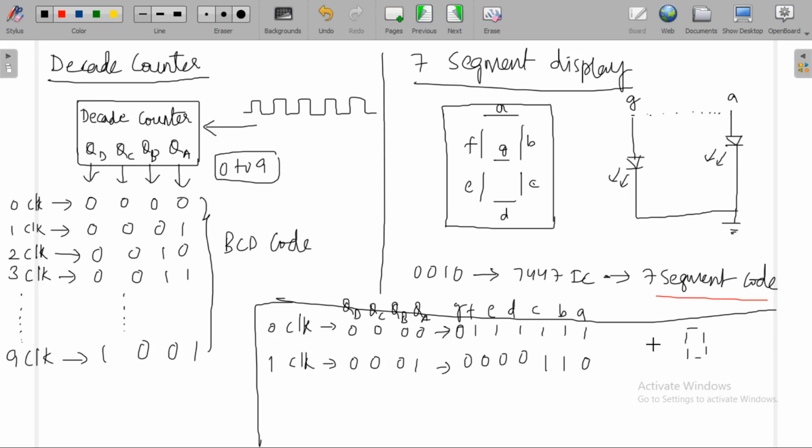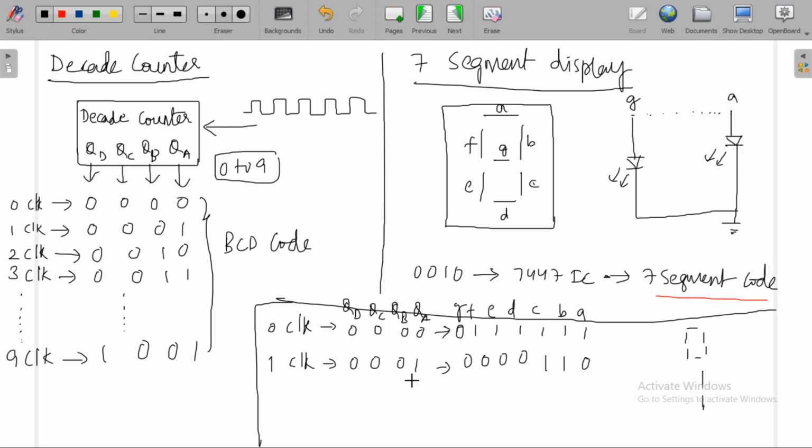Okay, so it displays like this, B C. This code will make B and C glow, remaining LEDs will get turned off. So displays 1.